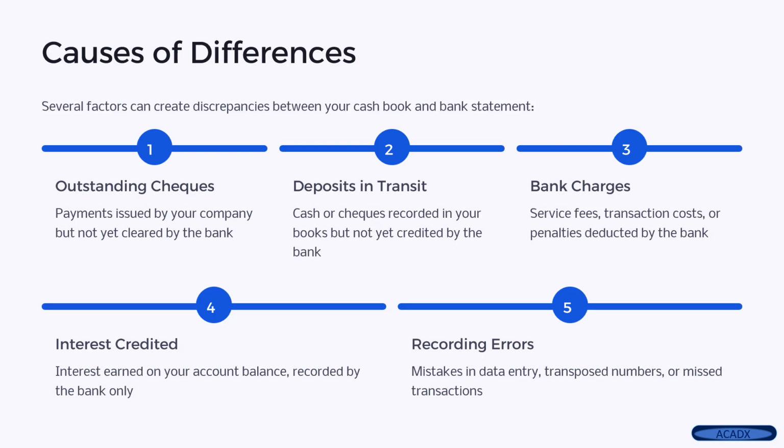The most common one is outstanding checks, the checks which are issued but not yet cleared; deposits in transit, which are recorded but not yet received by the bank; and bank charges, the fee deducted by the bank; interest credited, which is added by the bank but not yet recorded; and also recording errors like simple mistakes in data entry or double entries.